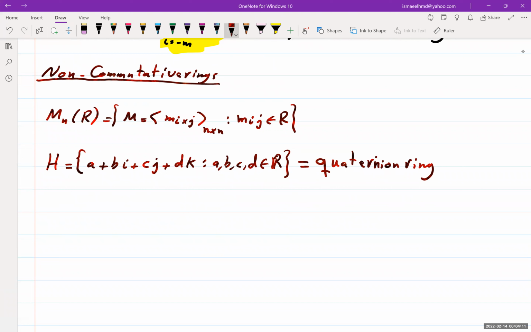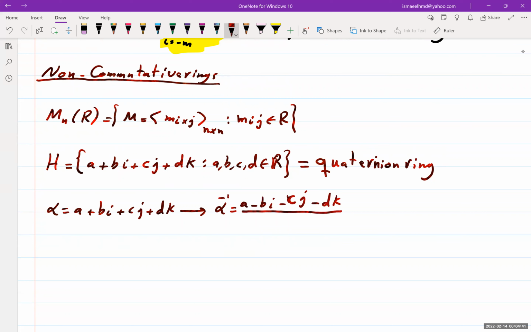For example, if we take alpha equal to a plus bi plus cj plus dk, then its inverse is a minus bi minus cj minus dk over a square plus b square plus c square plus d square.